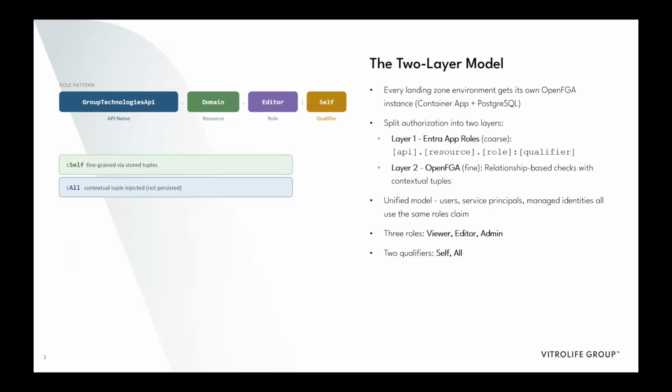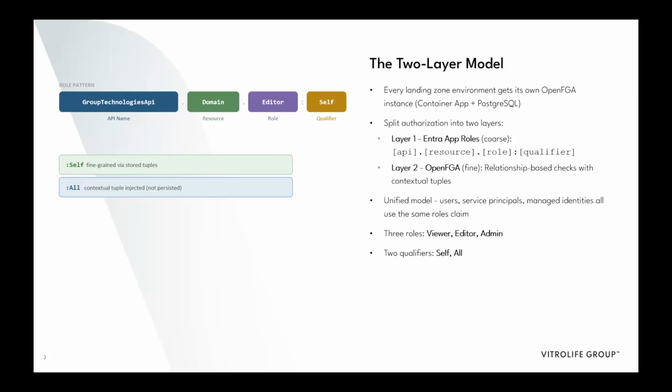That felt wrong to us because we want to treat machine identities and future agentic identities the same way as we treat users. So we thought, how can we do that in a proper manner?